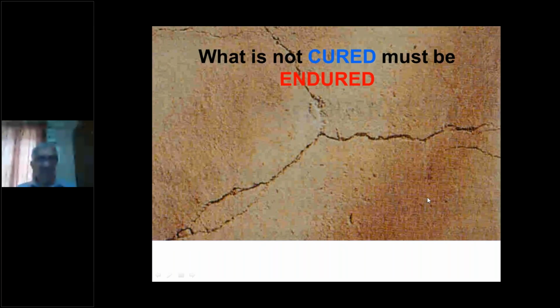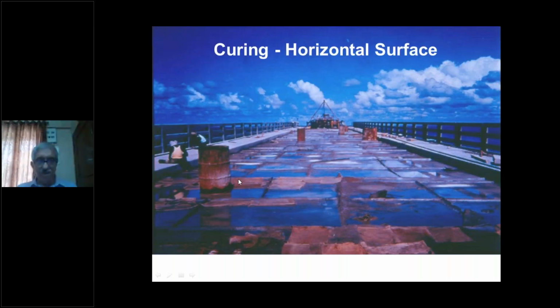Horizontal curing is done, but the road is cambered, so you will get spots of dry surfaces. So you must make sure and ensure that the highest portion, that is the center of the road, is also cured by wet curing and ponding if required.